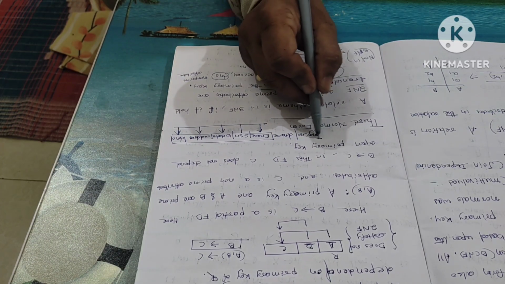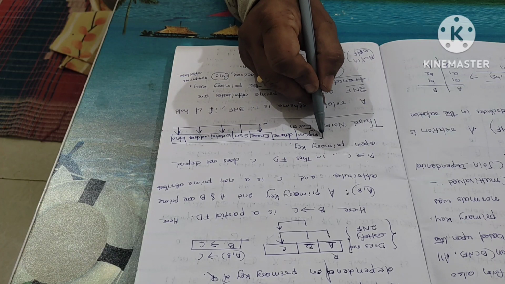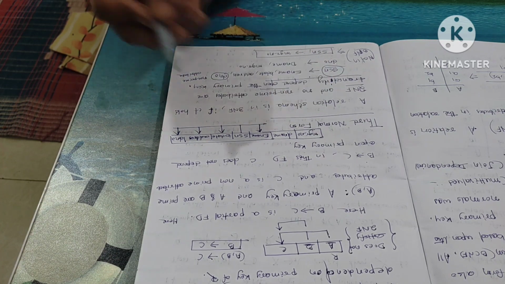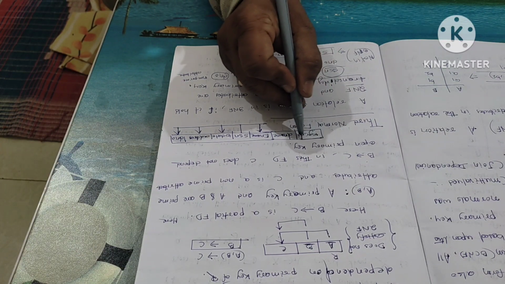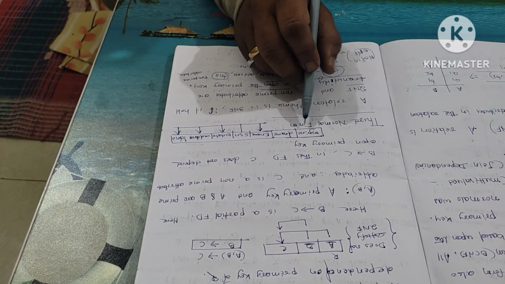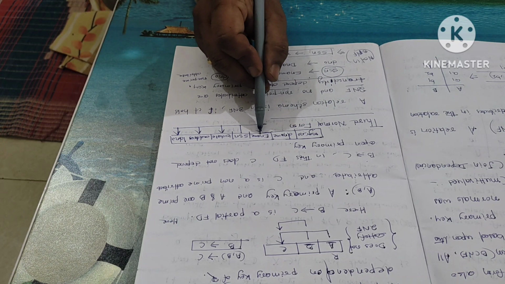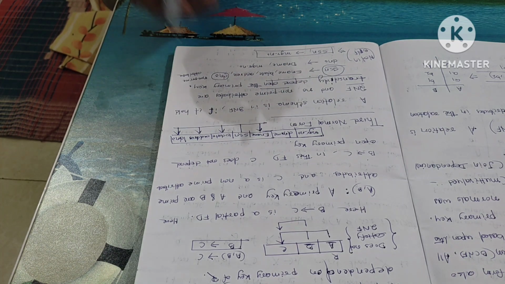This is the relational schema. How many attributes are in the relational schema? 1, 2, 3, 4, 5, 6, 7.